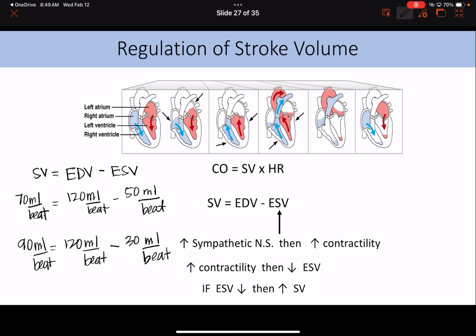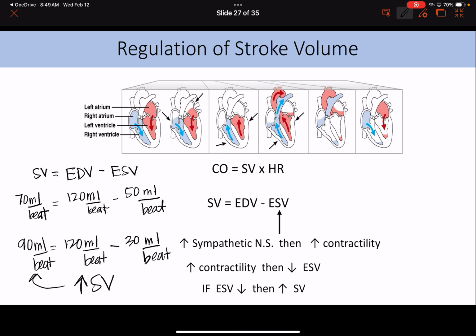We were just asked a question about this on the exam. If we provided those numbers, or do we have to remember the volumes? No, I would give you the volumes. They do have to remember the average stroke volume, so you should remember the average. So these numbers here, the average, yes. But I wouldn't just say, what is the new stroke volume with an increased contractility. I would give you the new volume.